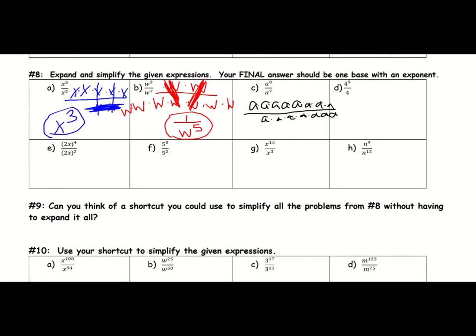So again, I can cancel out every pair I have of the same thing, top and bottom. So goodbye to that pair of A's. Remember, they're canceling to 1. Goodbye to those. Look at that, my entire bottom canceled out. So bottoms, again, it's okay for those to go away. Doesn't affect anything. But the top, all that's left is A. So a to the 8th over a to the 7th would simplify to just a single A.